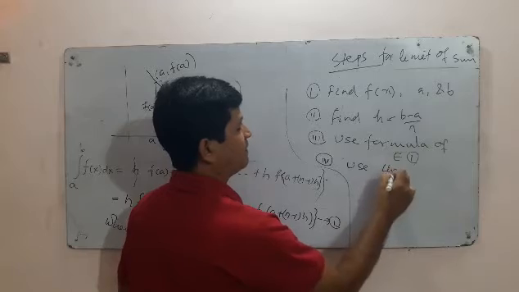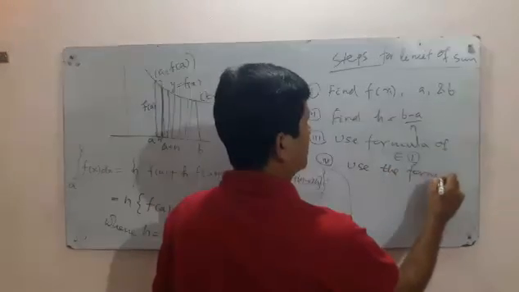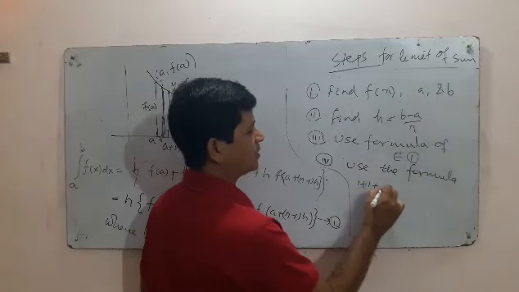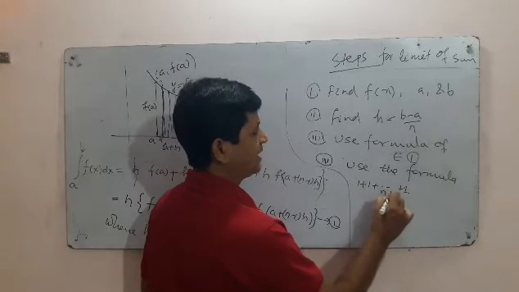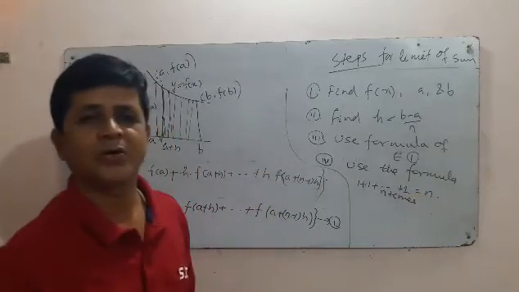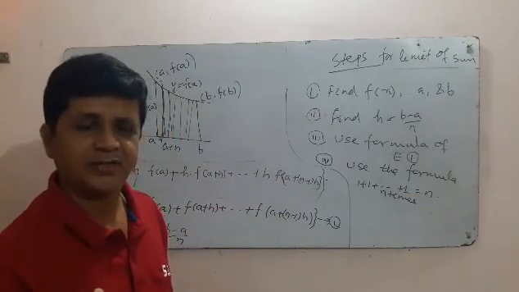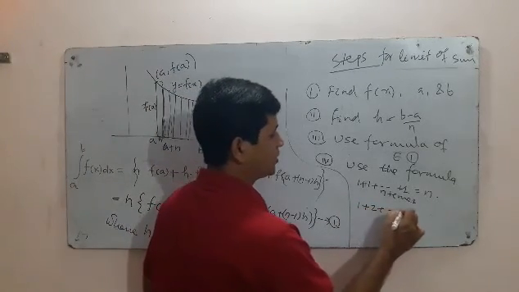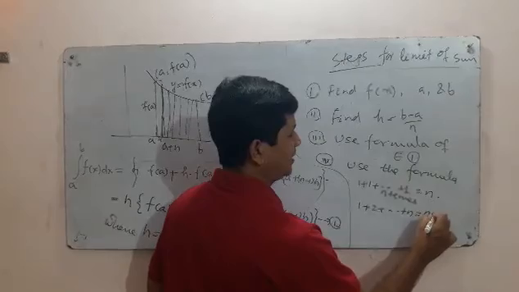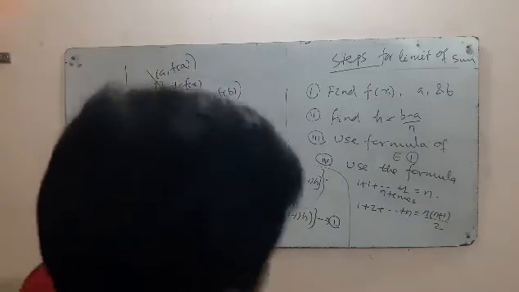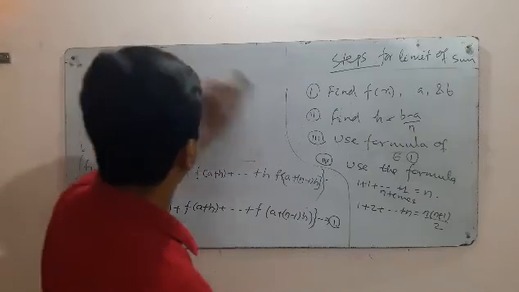Use the formula: 1 plus 1 dot n times is equal to n. Then 1 plus 2 plus dot n is equal to n into n plus 1 by 2.